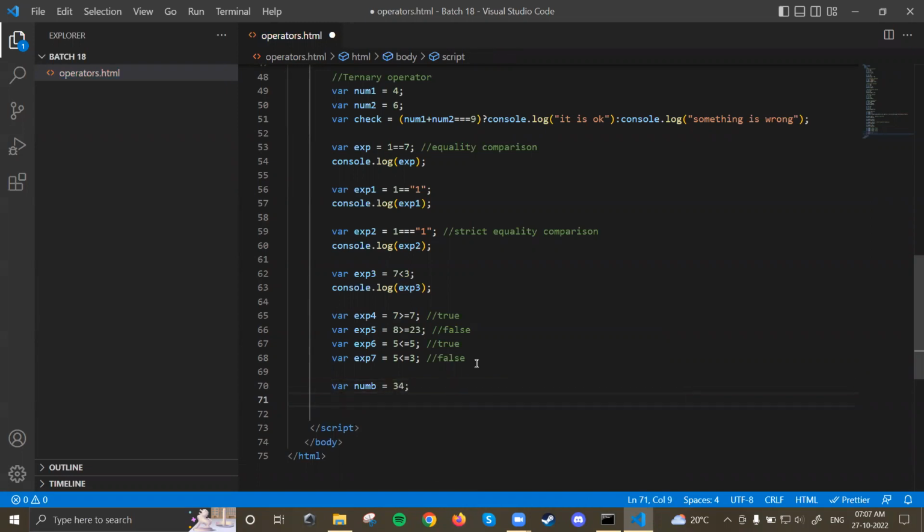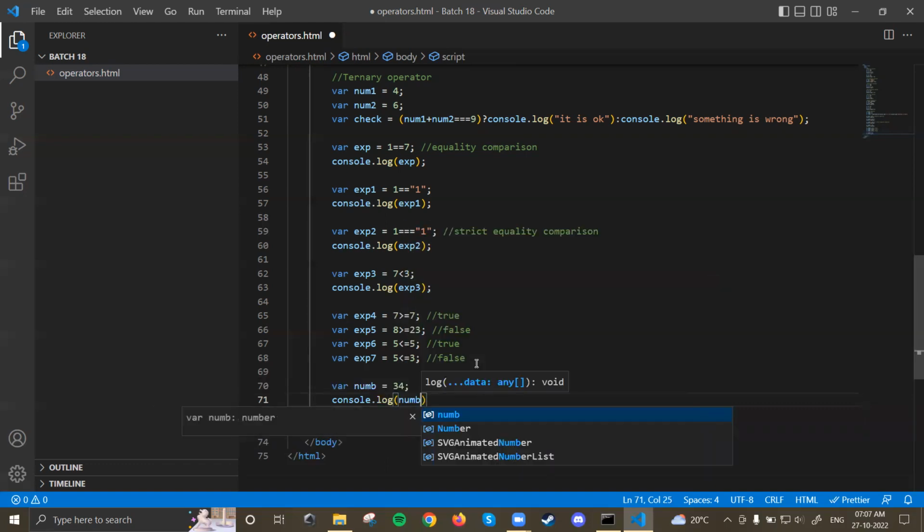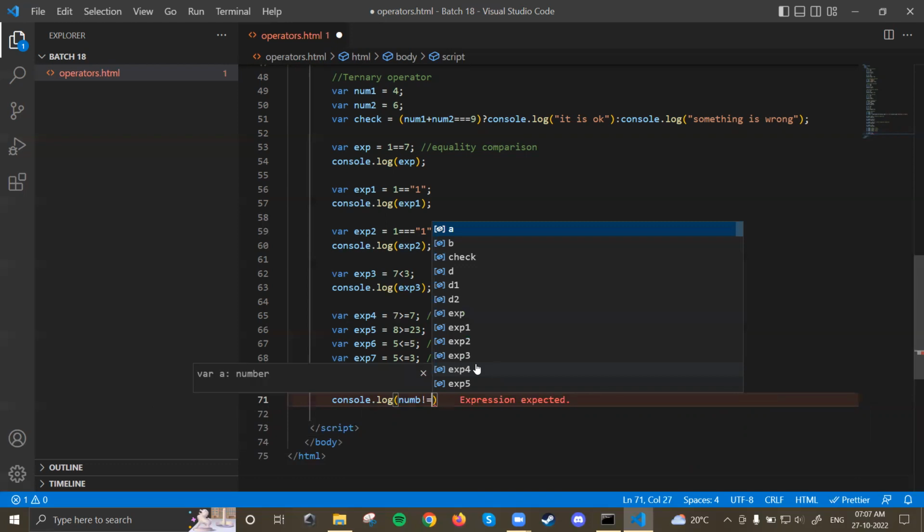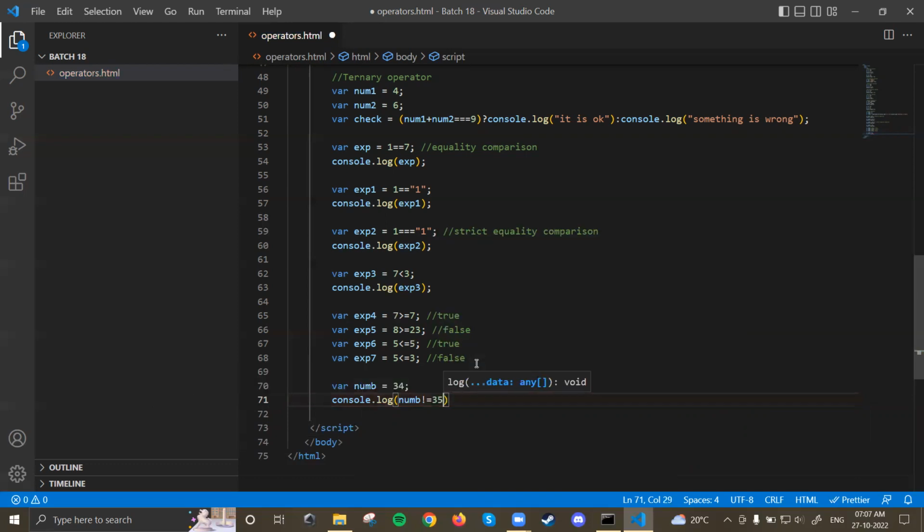Okay, now if I write console.log of num, so this is a not operator. Okay, not equal to 35. Are you getting it?